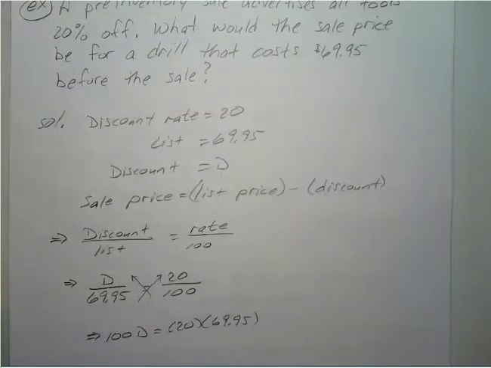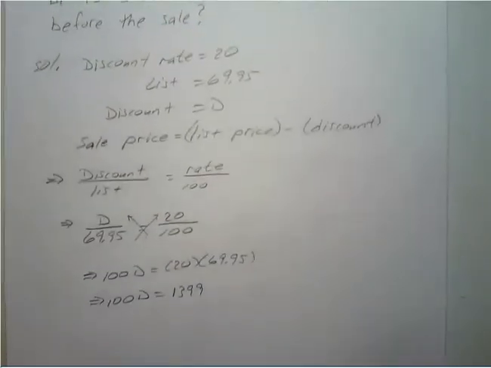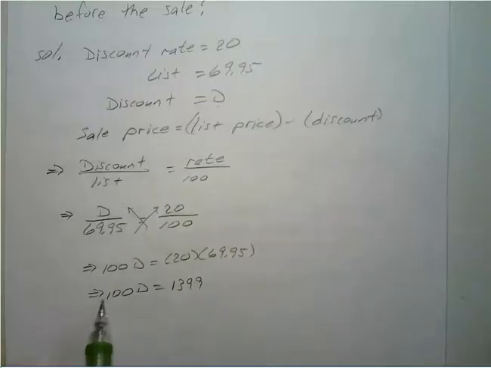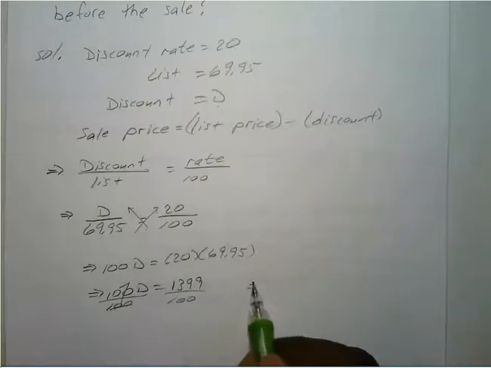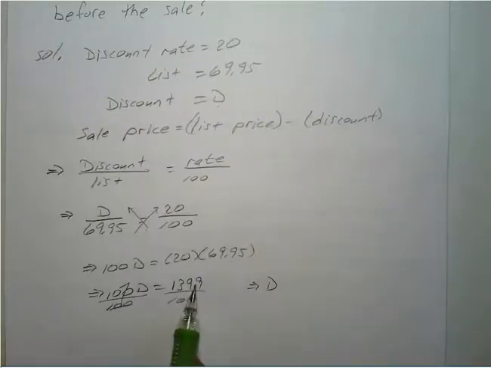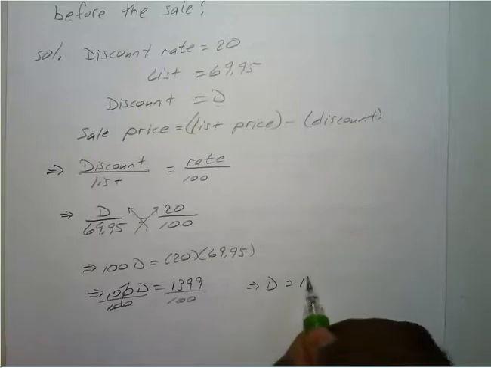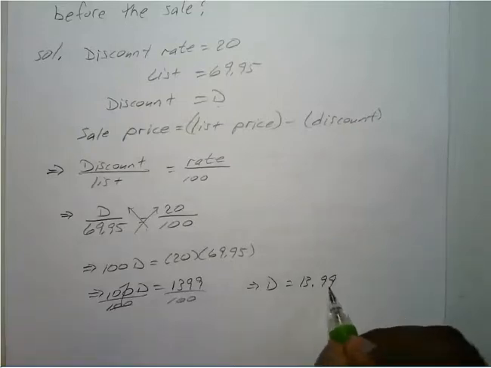All right. So 20 times 69.95 is 1,399. So 100D equals 1,399. So if we divide both sides by 100, anything divided by itself is 1. So our D would equal 1,399 divided by 100, which is 13.99.